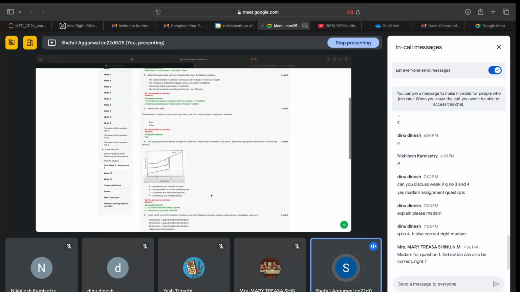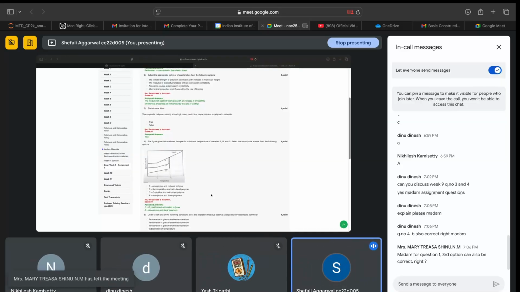They are mainly crystalline in nature. If you have a benzene kind of structure, some hexagonal benzene type of structure, that is called a reticulated polymer. So they won't show this B type of behavior, they won't have this glass transition temperature. That's why this option is incorrect. Okay.